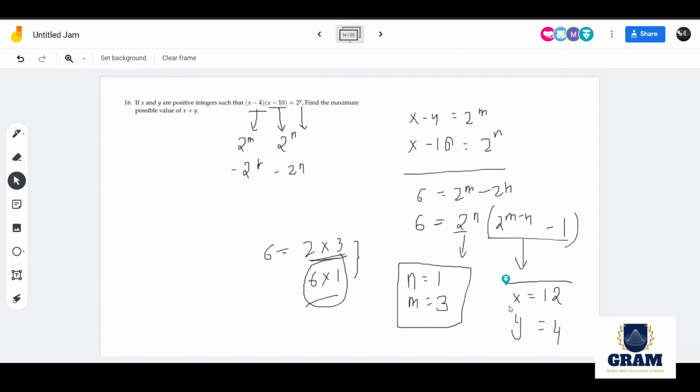And then solving for case 2, we will get the pair x equal to 2 and y equal to 4. So the maximum x plus y is equal to 16.